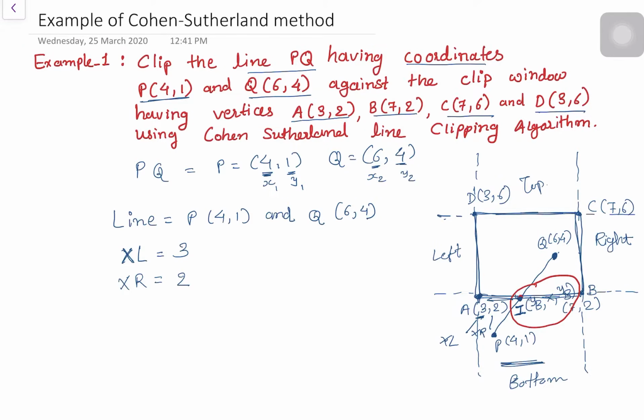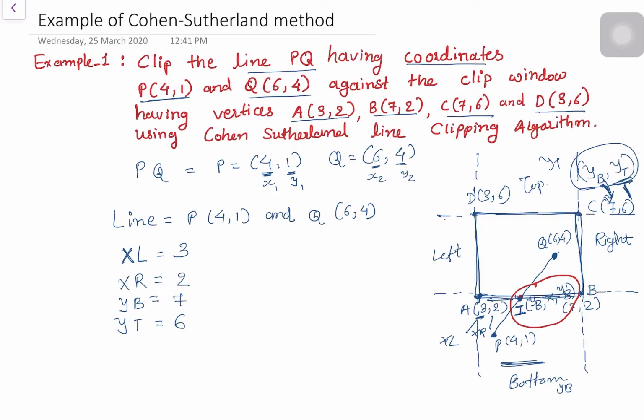Similarly we have to find YB and YT, Y bottom and Y top. So YB is equal to 7 and YT is equal to 6.